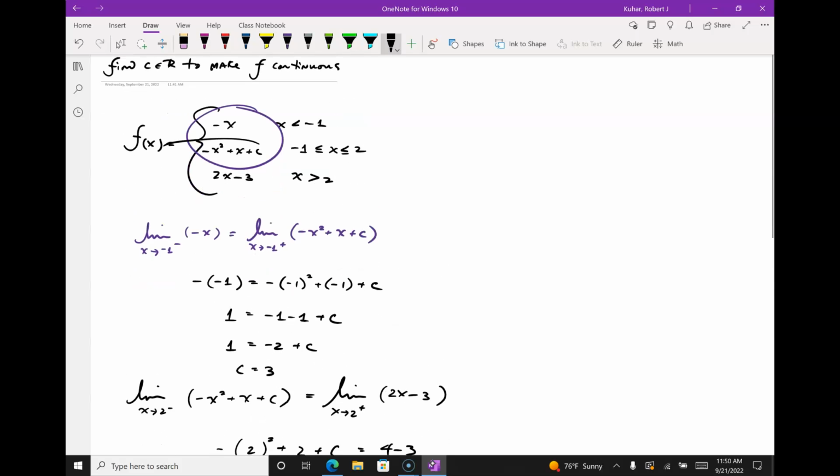It says use this function when I'm at numbers right of -1. On the right hand side, it says everything between -1 and 2.